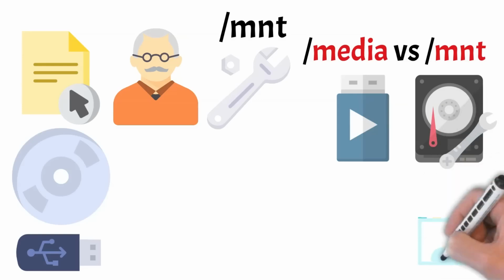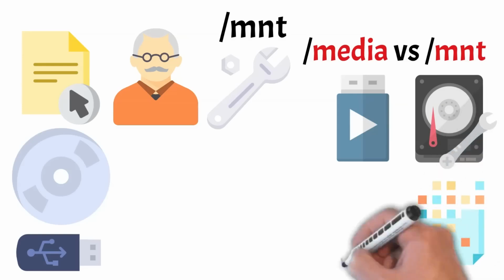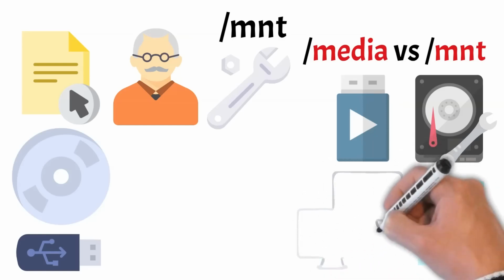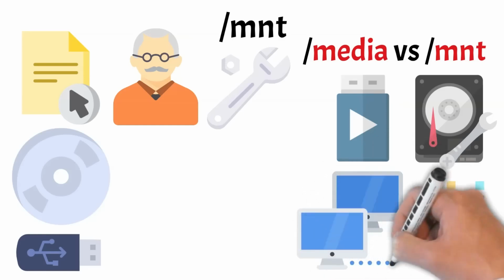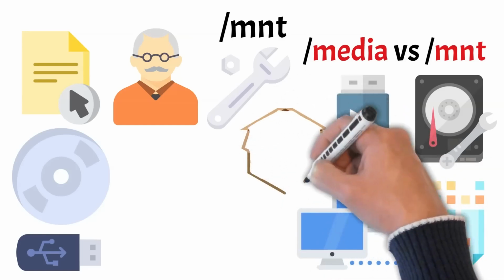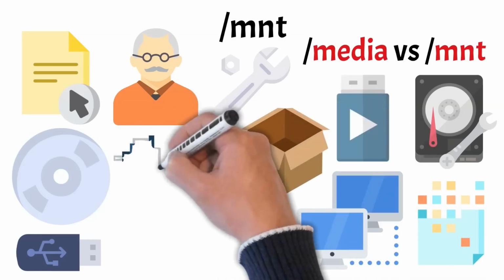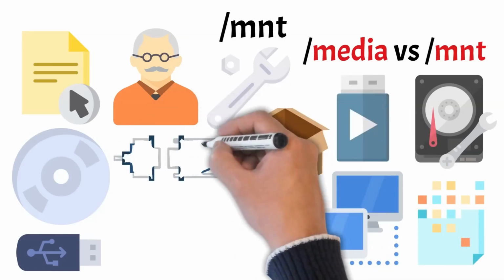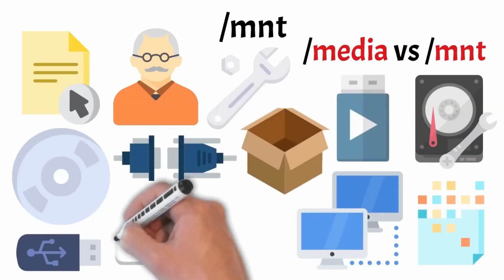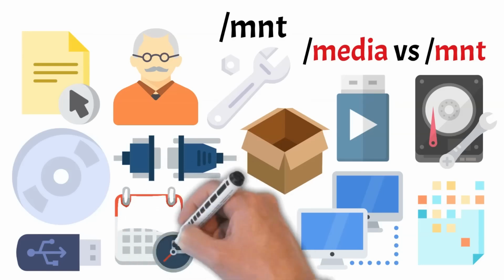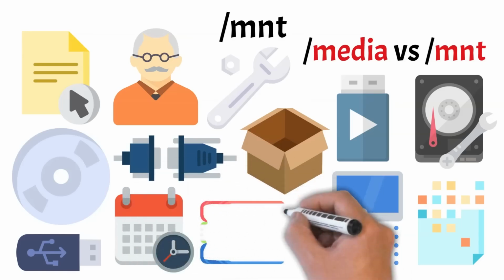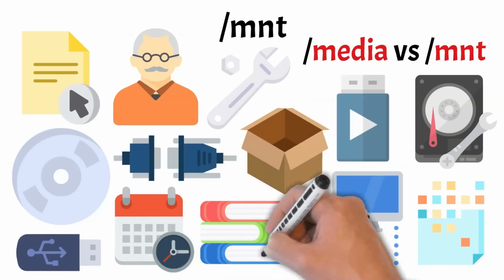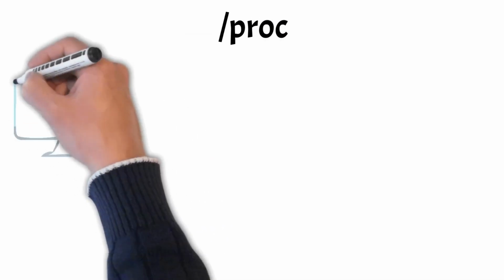For example, if you need to access the contents of a failing hard drive or mount a network share during troubleshooting, mnt is the go-to location. It doesn't contain anything by default and only has content when something is actively mounted there. While you might not use it often as a regular user, understanding its role is helpful when working with Linux at a deeper level.